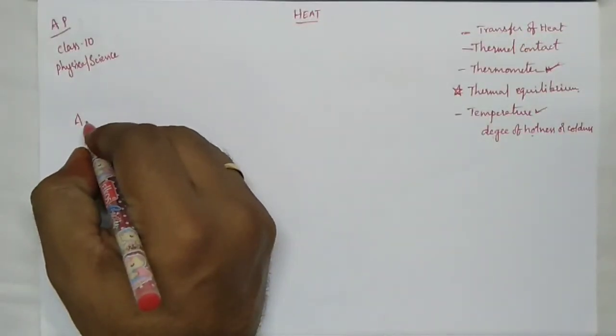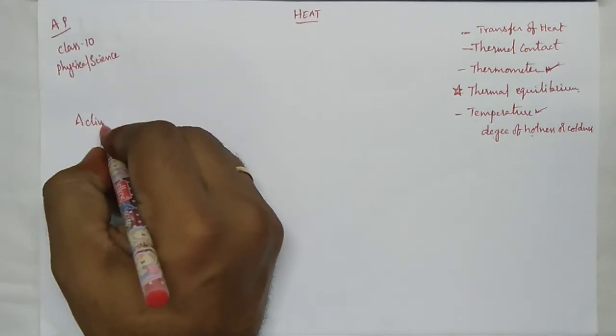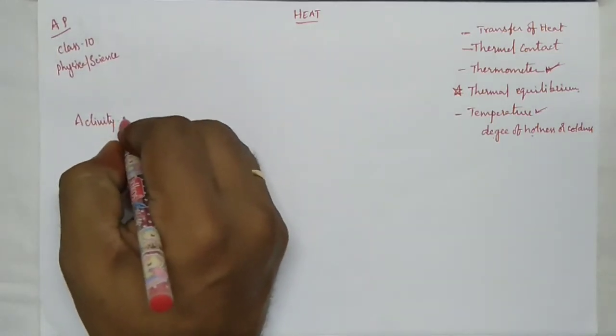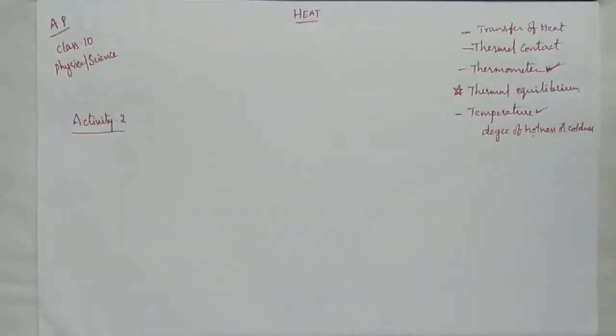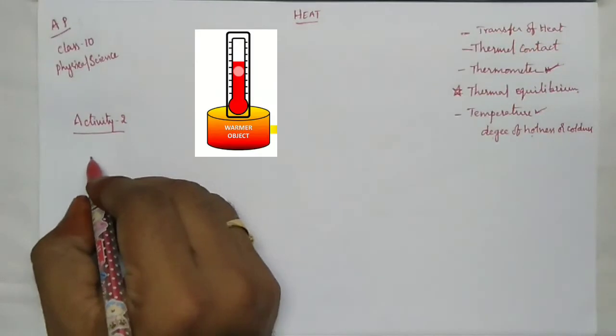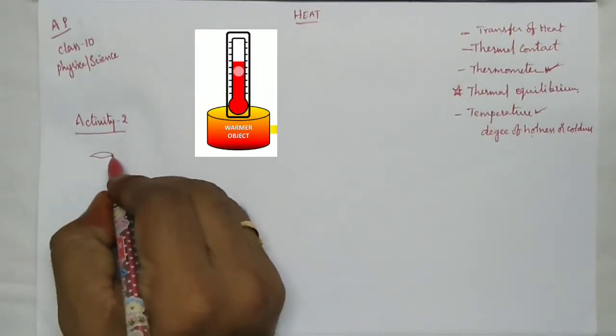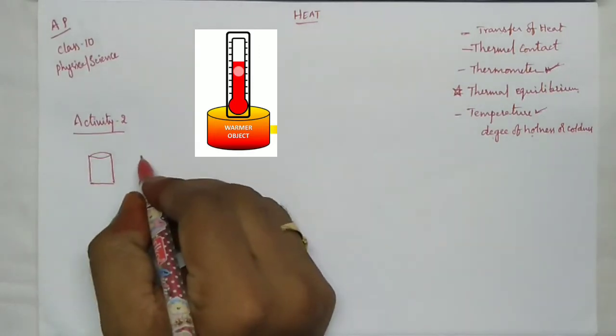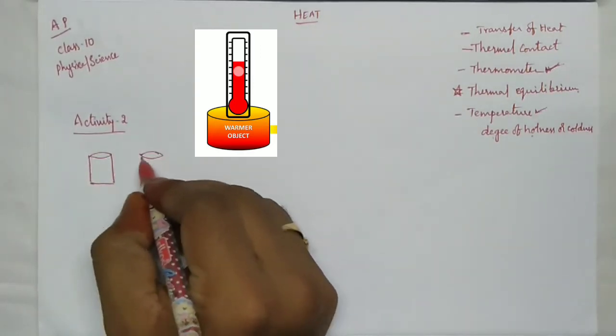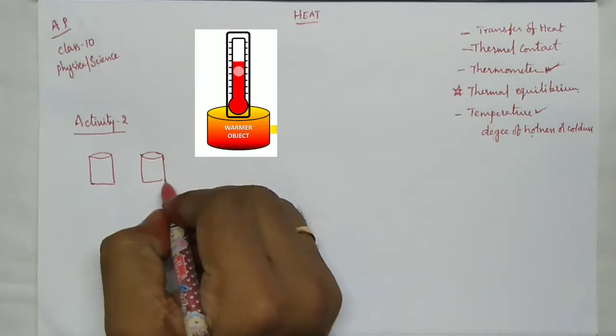This activity 2 in your state board textbook asks you to take 2 glasses of water, one hot and another cool. Two tumblers, one with hot water and another with cold water, right?